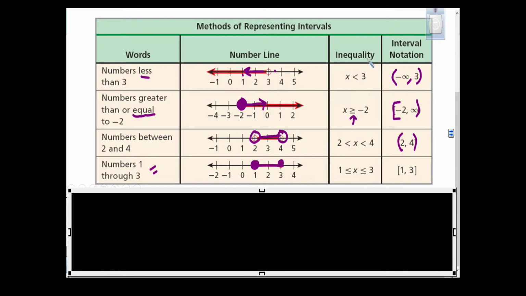How do you show that in an inequality? You put an equal sign. So it's including 1, up to 3, including 3. How do you put this in interval notation? Anytime you have equal to, you put a bracket. So bracket, 1, comma, 3, bracket, because you are including these two values.